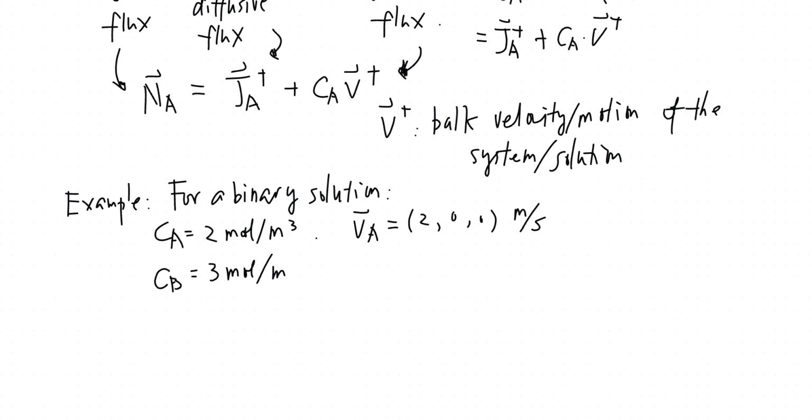And the average velocity of species B is (0, 2, 0) meters per second. It's 2 meters per second along the y direction, and 0 along the x and z directions.